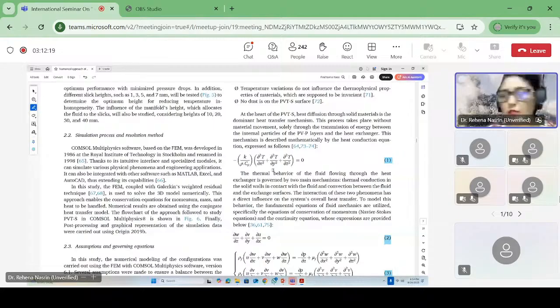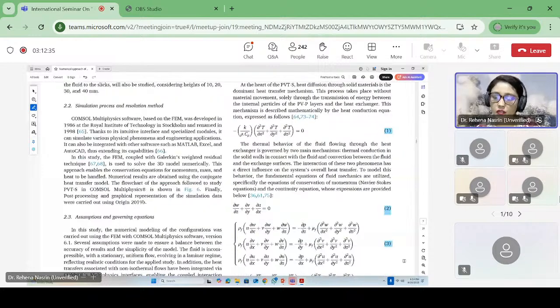And we consider the temperature equation. This is the energy equation of the solid part, that is the photovoltaic module part, and the heat exchanger part is attached at the bottom of the photovoltaic layer.